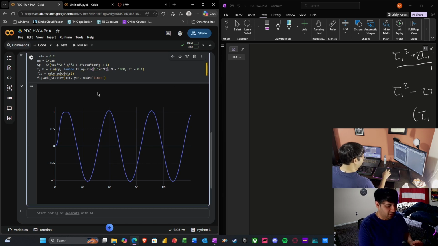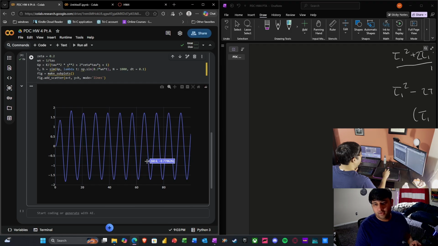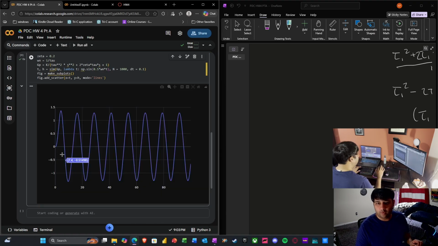And the closer we get to 1, they start to go back to where they originally were. So 0.5 gives us a good balance in between, where we have a good amount of oscillations while having a steady flow, I would say. And that is the conclusion for part A.